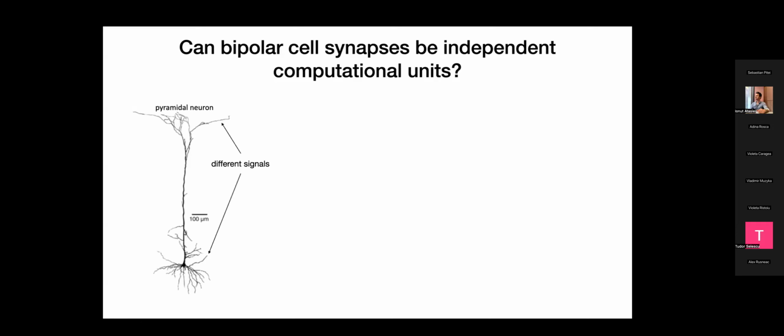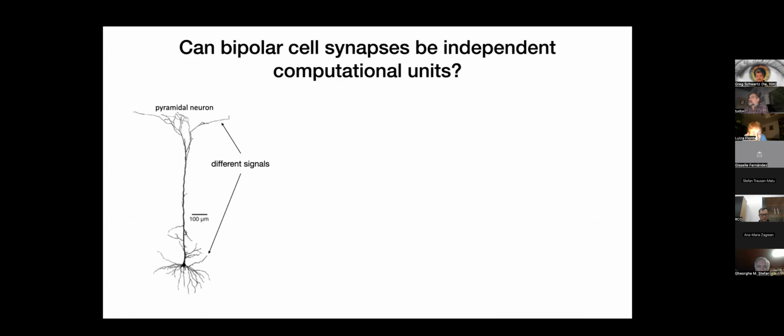The apical dendrites and the basal dendrites of a pyramidal neuron can get different inputs, do different dendritic processing, and have different ion channels, but they're hundreds of microns apart. This was a big deal when it was discovered, but it's now understood in biophysical models to be not that surprising, because we're talking about hundreds of microns apart, and you can actually have some electrotonic separation here.